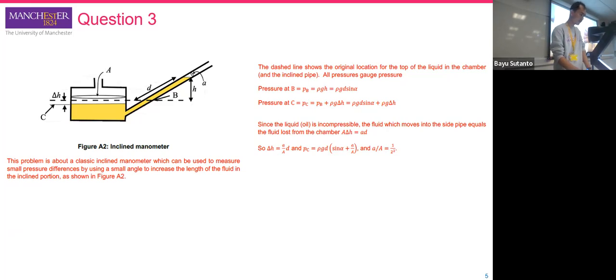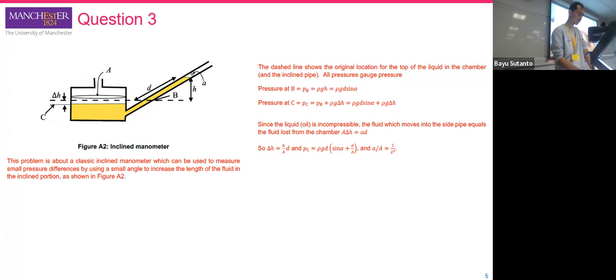Because we have the information that the small diameter a is 5 millimeters, and capital A has a diameter of 1 centimeter.